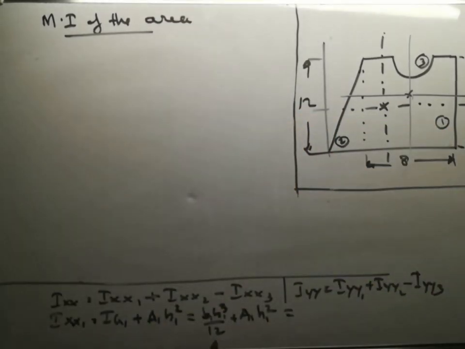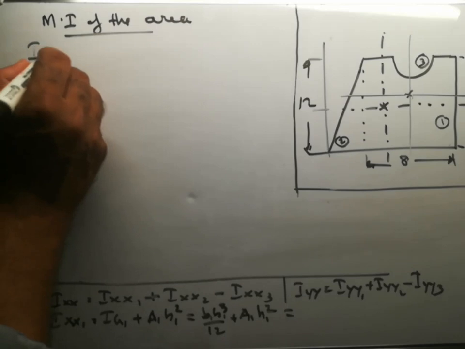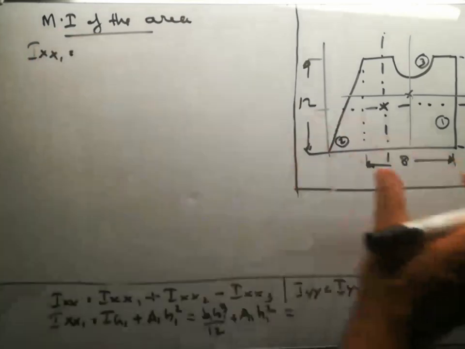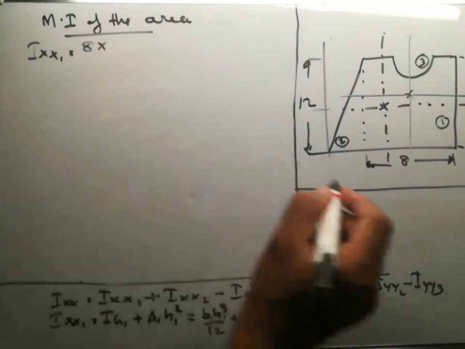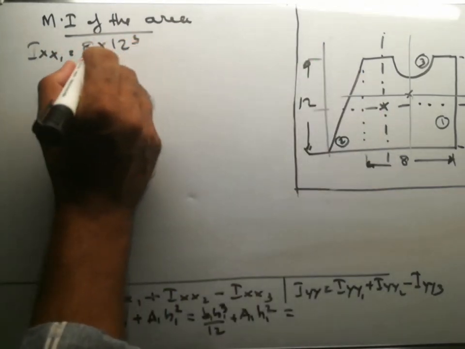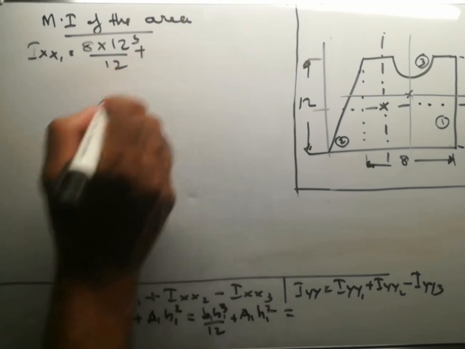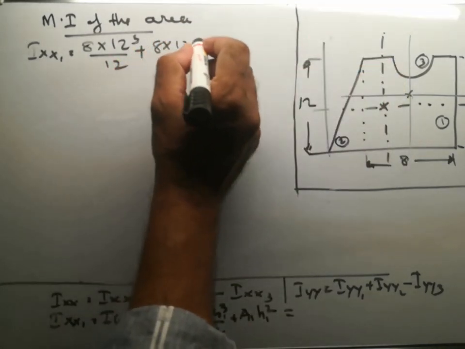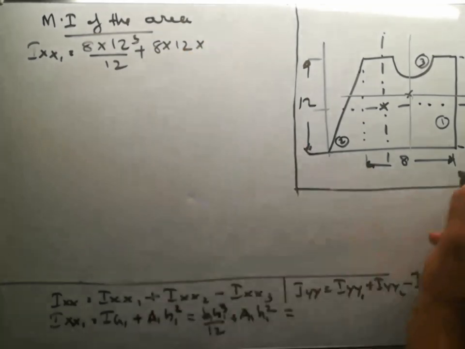Okay, so Ixx1 is equal to B1 H1 cube by 12, that is 8 into 12 cube by 12, plus A1, which is 8 into 12, into H1 square.